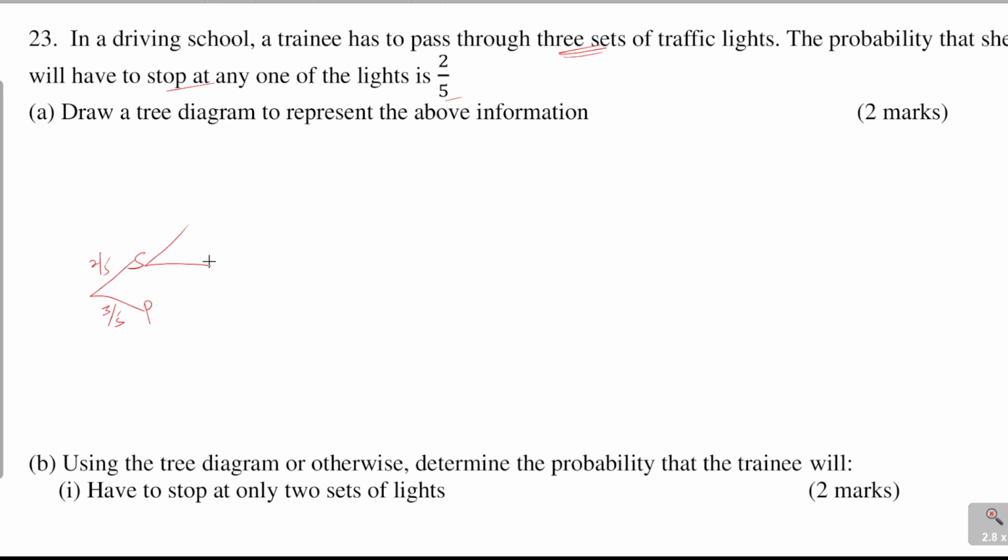So we have the second set, stop, pass. This is the second, stop, pass. So the probability of stopping 2/5, 3/5, 2/5, 3/5. This now is the third set. Third set, stop, pass.